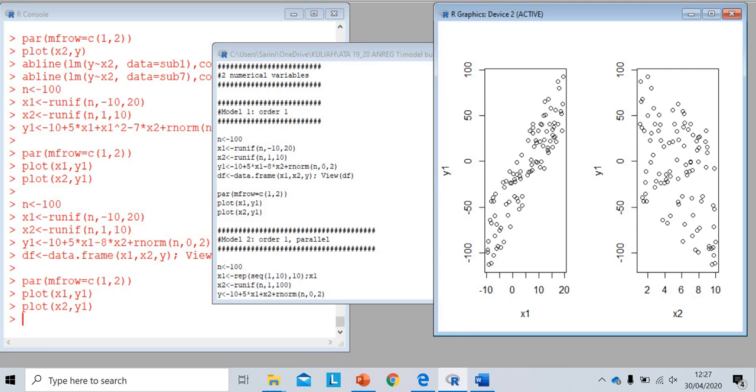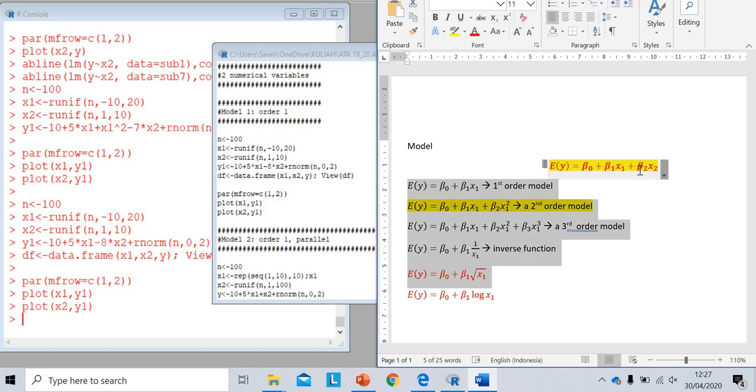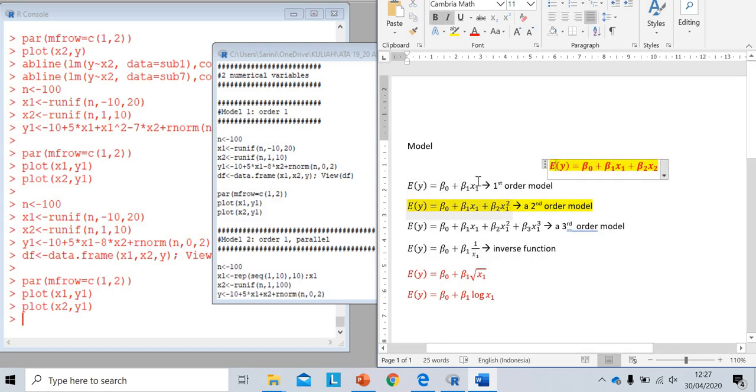So in this case, I will propose the model beta naught plus beta 1 x1 plus beta 2 x2. This is the model that I'll be proposing for this case, and that's called just a first order model.